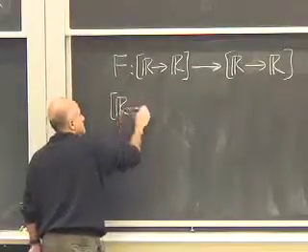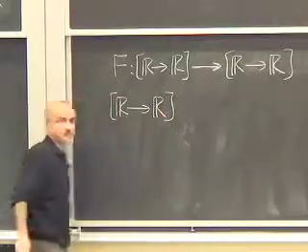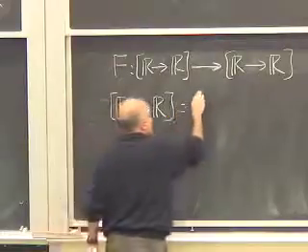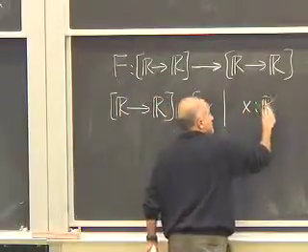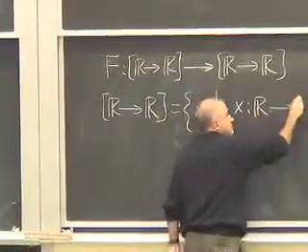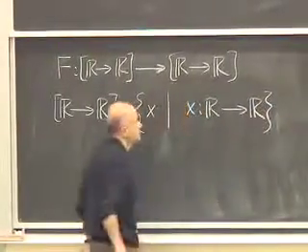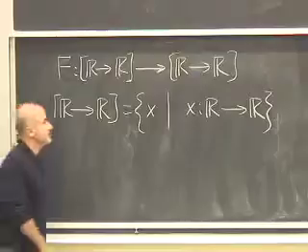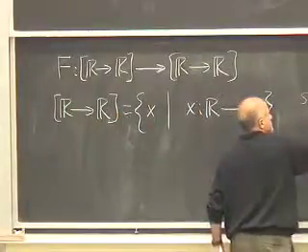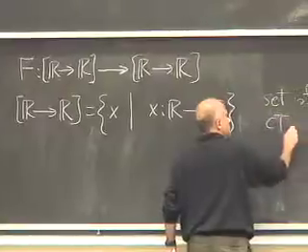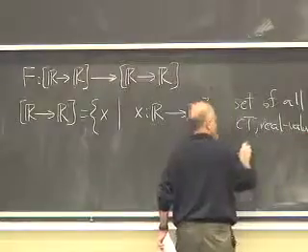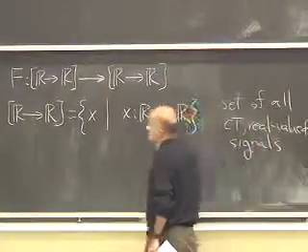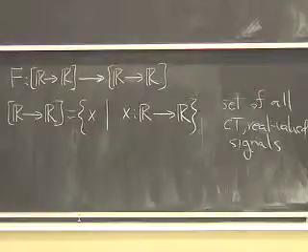This notation is the same as saying the set of all signals x such that x is continuous time and real value. In plain English, the set of all continuous time real value signals. And you can use your imagination and think of all the other permutations in this story.